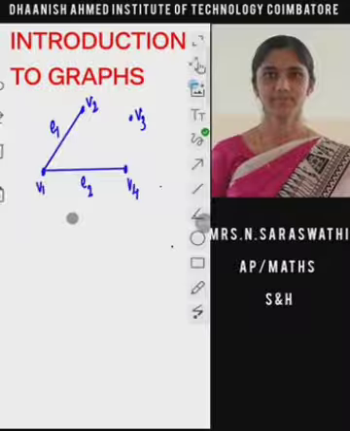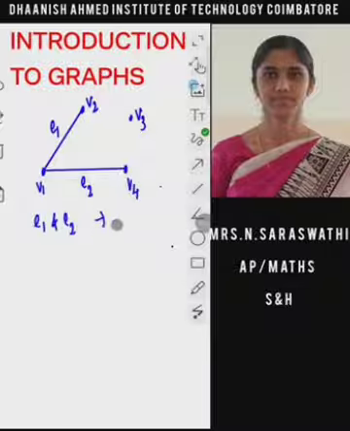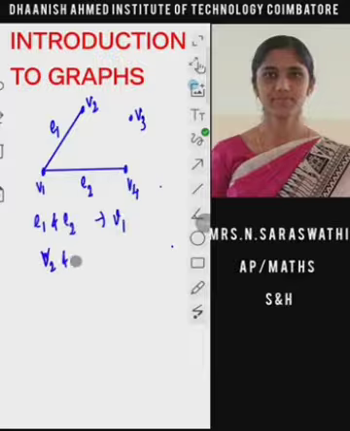Next, we come to the definition of isolated vertex. In any graph, a vertex which is not adjacent to any other vertex is called an isolated vertex. That means the vertex has no incident edge. Here you see the edge E1 and the edge E2 are incident on the same vertex V1. But there is no edge between V2 and V3.